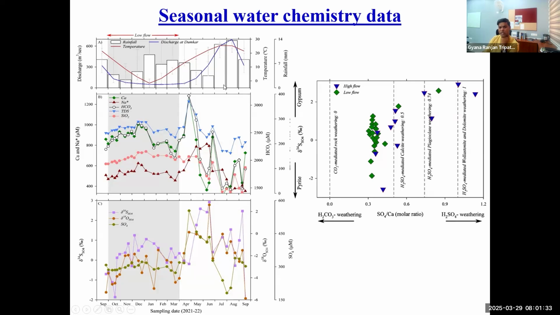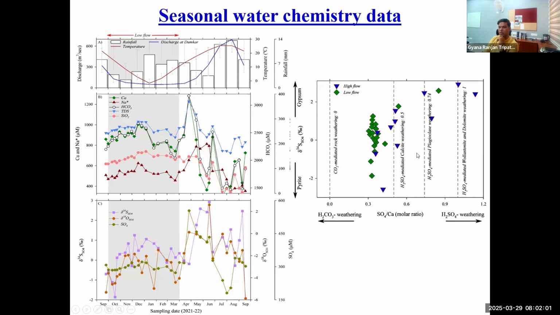There is a significant change in the temperature and water discharge, and synchronous to these changes, if you see the discharge trend which starts from May, the delta 34S is depleted in the lean flow stages, and it increases at some point of time. But in the major part where there is a high inflow, the delta 34S are slightly lower. So there is a trend that we see.